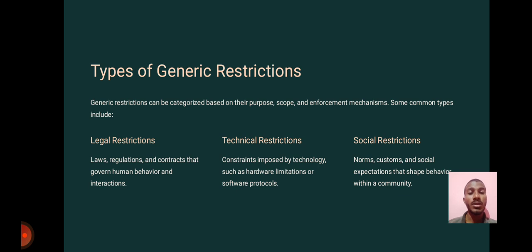Legal restrictions: laws, regulations, and contracts that govern human behavior and institutions. Technical restrictions: constraints imposed by technology, such as hardware limitations or software protocols. Social restrictions: customs and social expectations that guide behavior within a community.